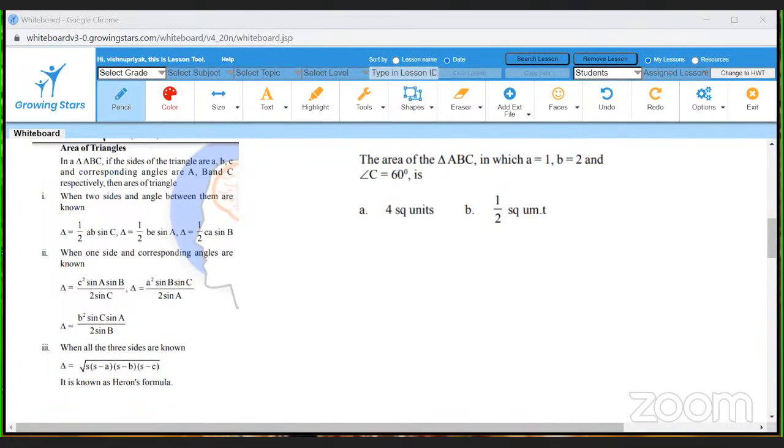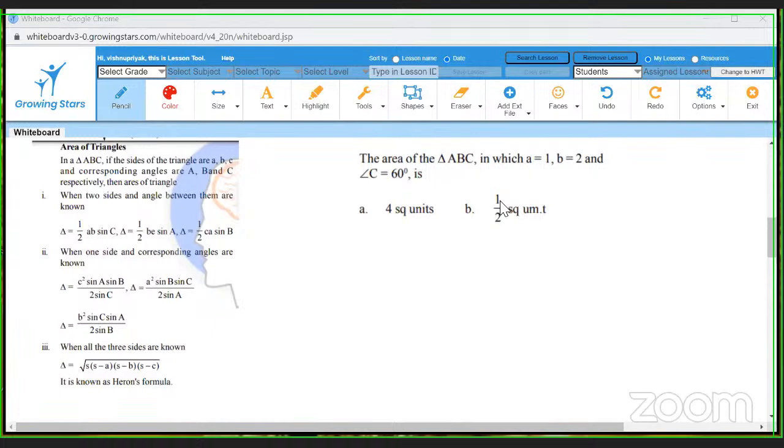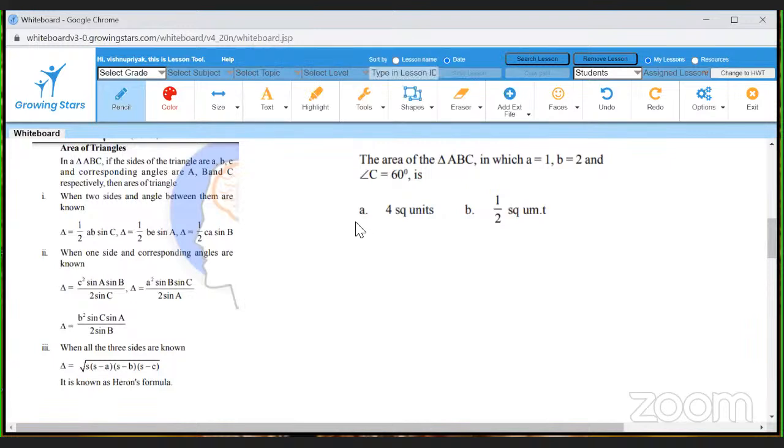And then you can try this question which I am pasting on the side. Use the formulas which I gave you just now.